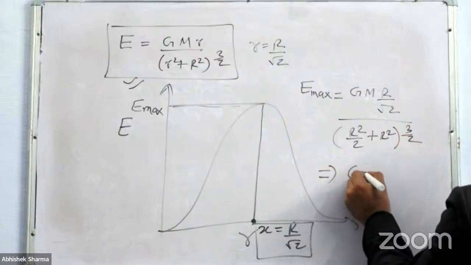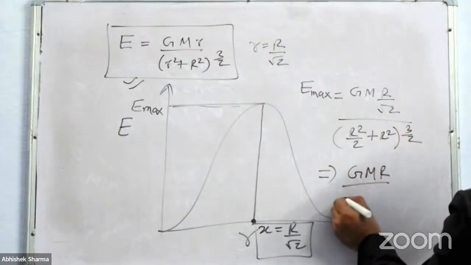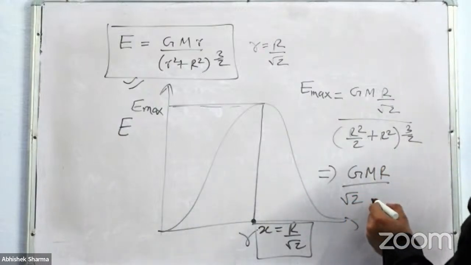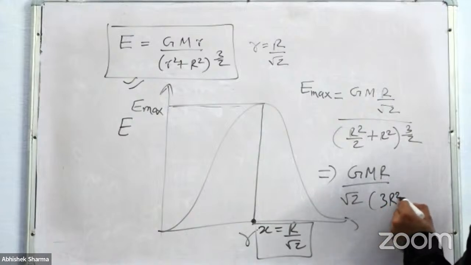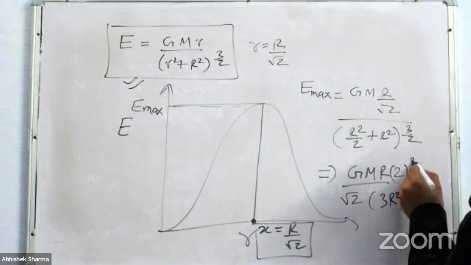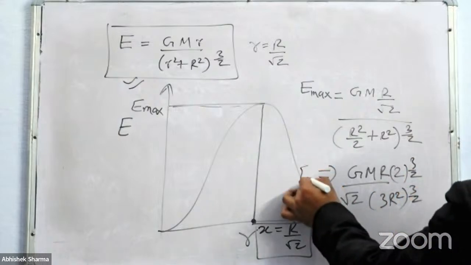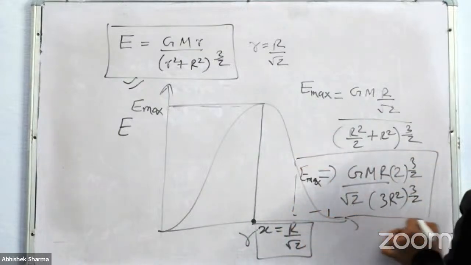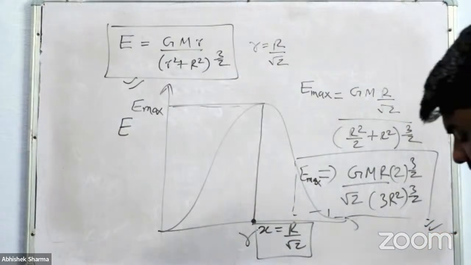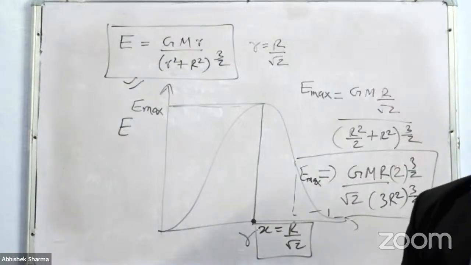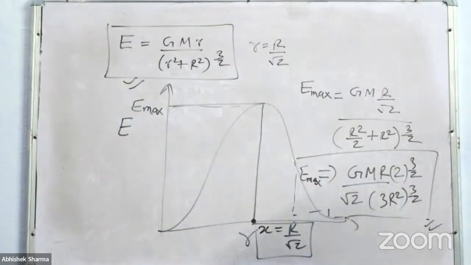When you solve this, the denominator is (3R square by 2) to the power 3 by 2. Very easy. Please note it down.